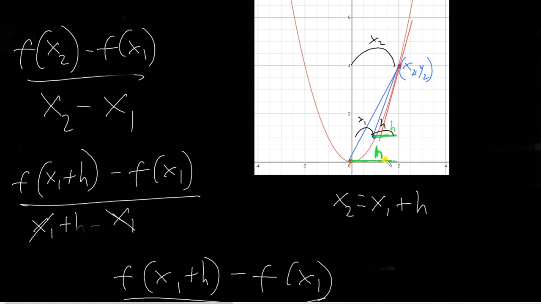Okay? And now let's think about what happens when I notice that at this first blue line, h is 2, right? At the second blue line, h is smaller. So as my first point moved up along the graph, my h got smaller.